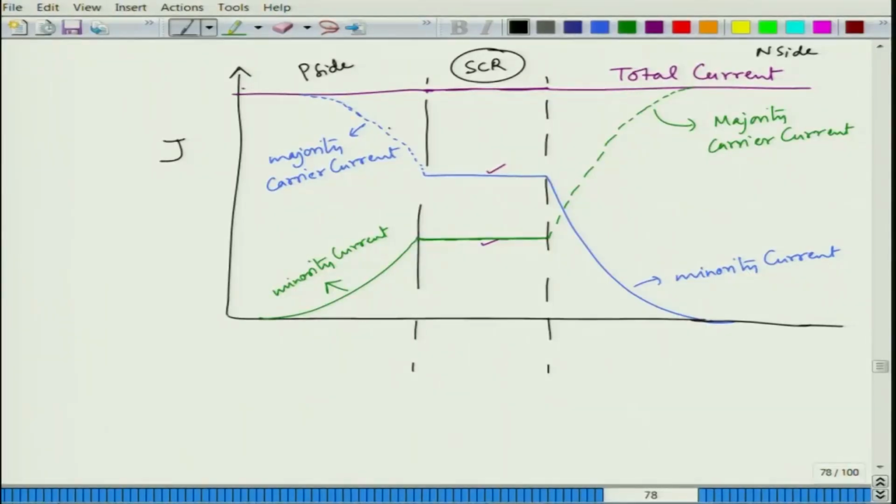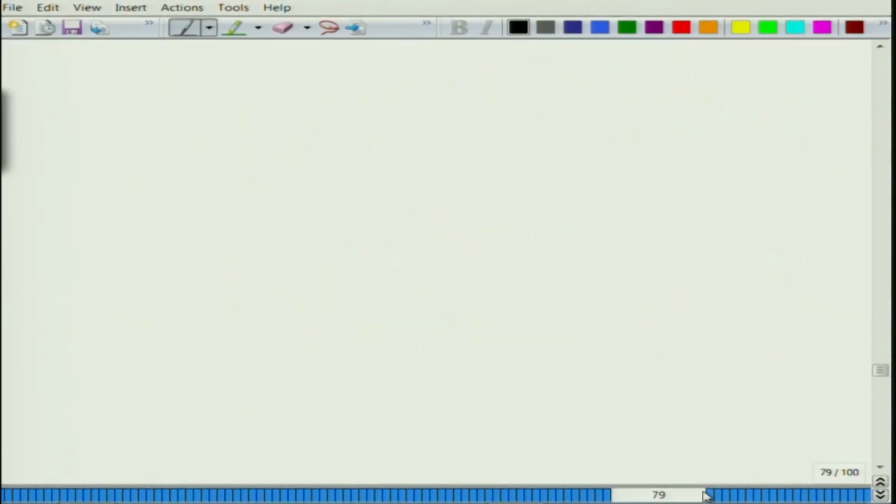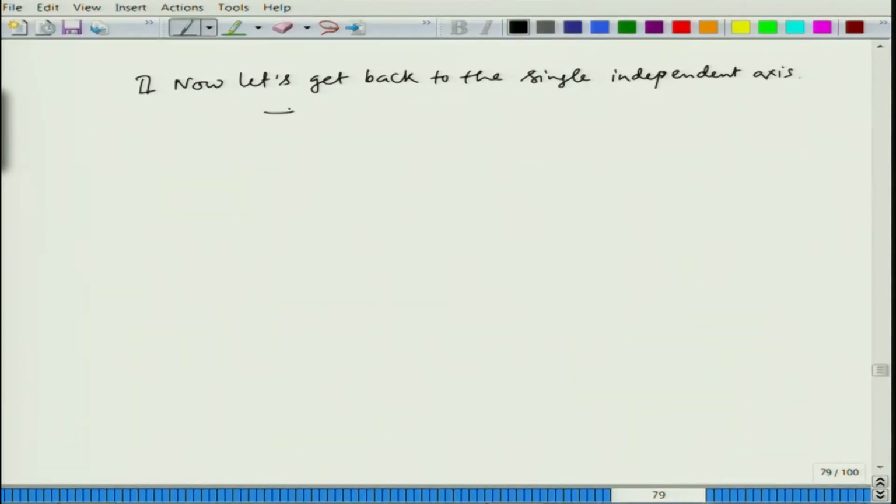So, that is the qualitative picture we obtained. Now let us get back to a single independent axis, in the sense no x1 and x2, but only one x. For that we need to do a little bit of adjustment in terms of coordinate transformation.